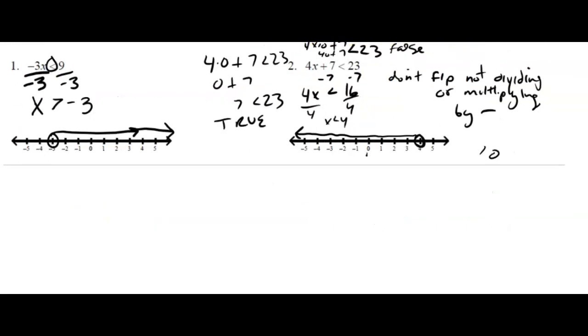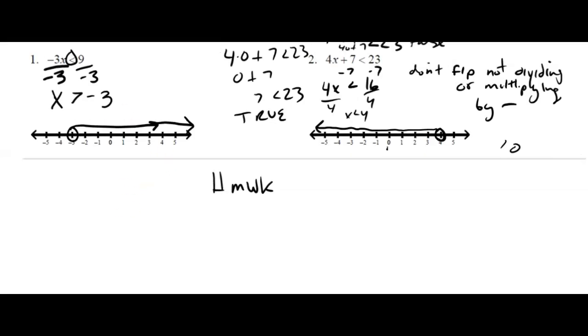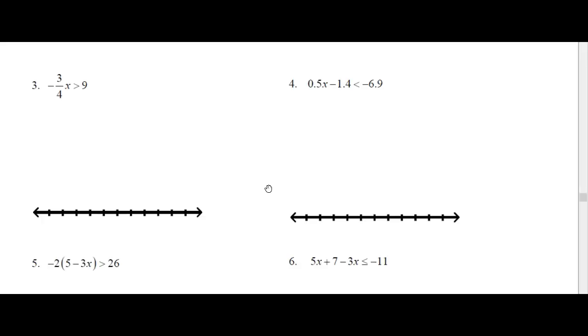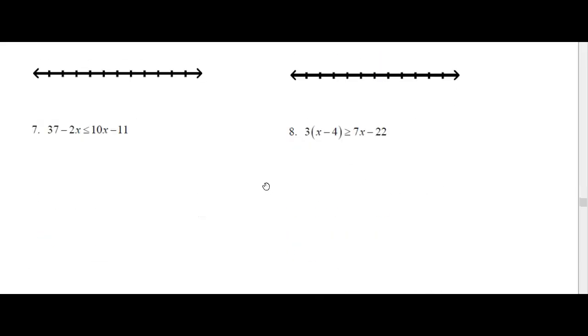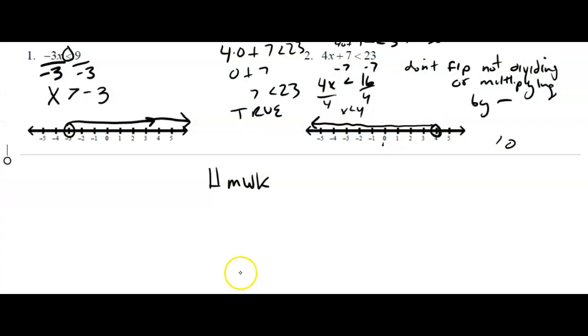Your homework goes on to the next page. So we went through number 2. So your homework is 3 and 4, 5 and 6, 7 and 8 on page 17 of your packet. And you have to graph them.